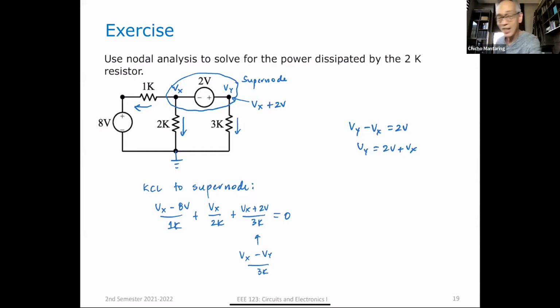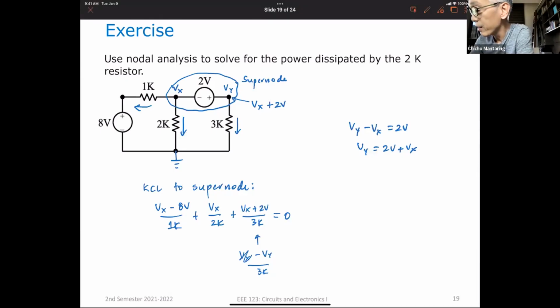Am I doing something wrong here? No, sorry, there's no resistor.